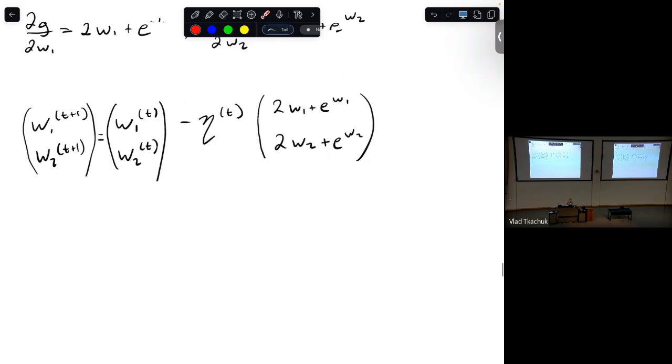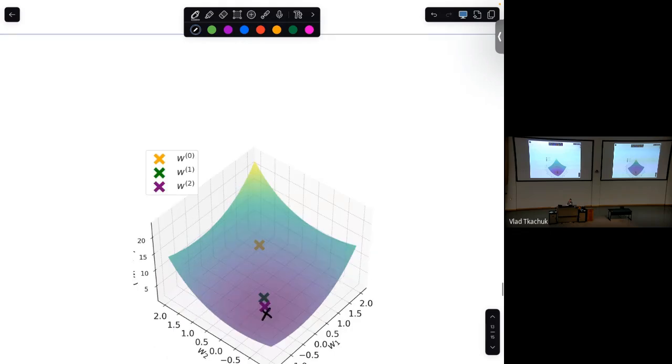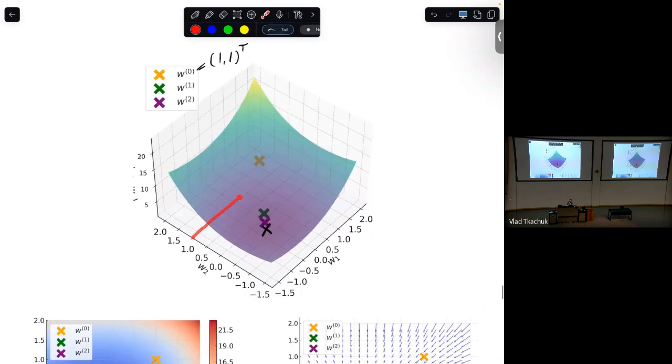All right, so then what did I actually use for the plot below? Well, it turns out that W0 was chosen to be the vector 1, 1. Visually, that should make some sense. 1, 1 is over here. And that's just like the vertical there.